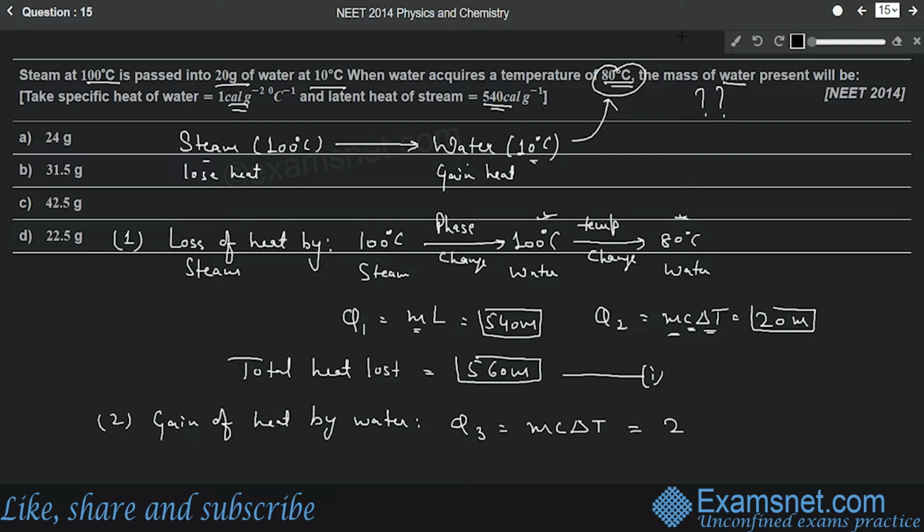So mass of water is 20 grams, specific heat 1, and delta T during this process, 10 degree to 80 degrees Celsius, will be 70 degree. Okay, change in temperature is 70 degree. So it will be equal to 1400. Okay, so this is the heat gained by the water.